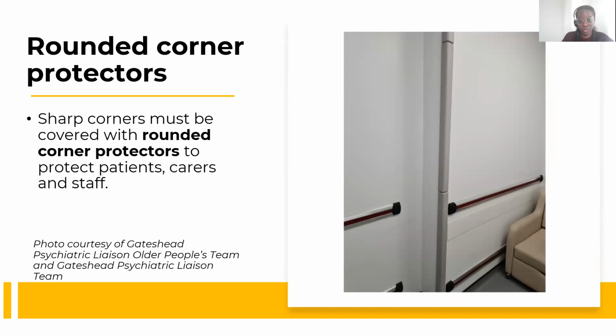They're not there to protect the wall, but they're there to protect the people in the room from harm. So hopefully you can see in the picture, but these are an example of some rounded corner protectors, and these can be purchased online. So all corners in the room must have those on. And as I said, this comes up most often for teams when we look at their high risk assessment room. And next slide, please.